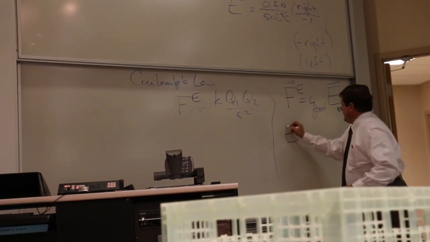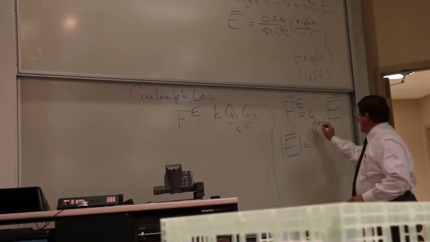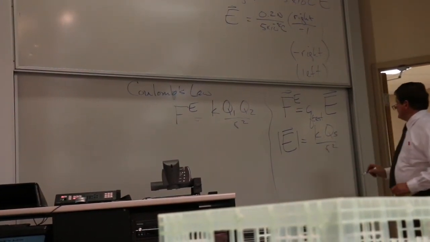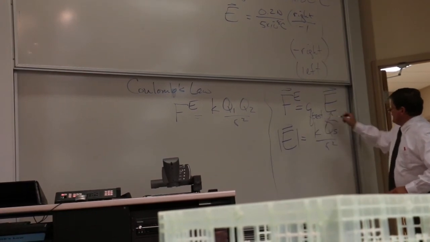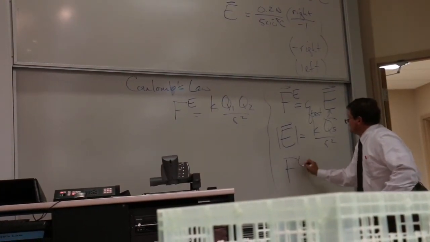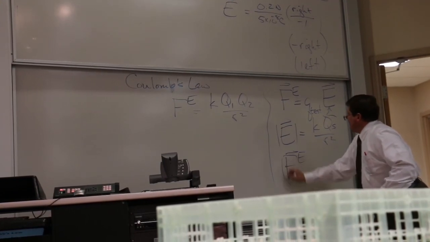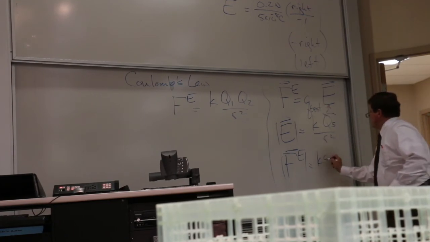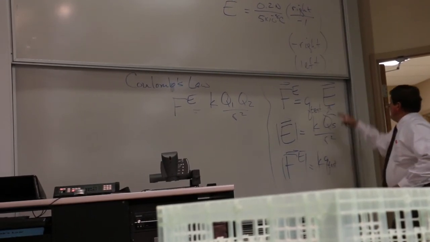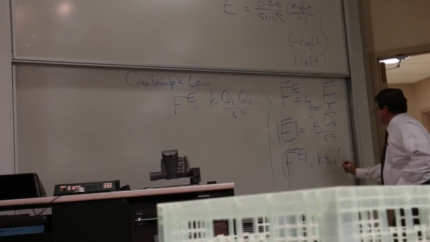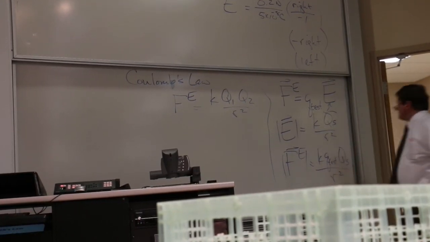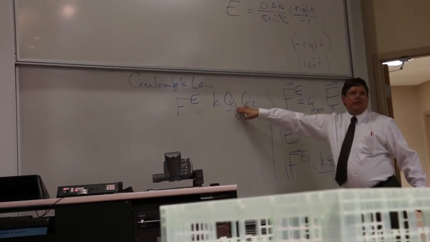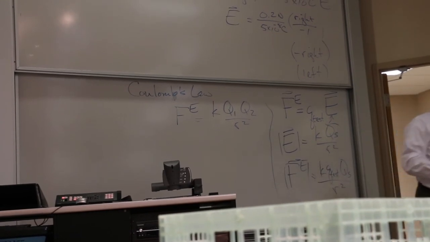Now, if the electric field has a magnitude of K Q source over R squared, and I plug that into here, what I get is that the electric force has a magnitude of K Q test Q source over R squared, which is exactly what I had here, where Q1 is Q test and Q2 is Q source.